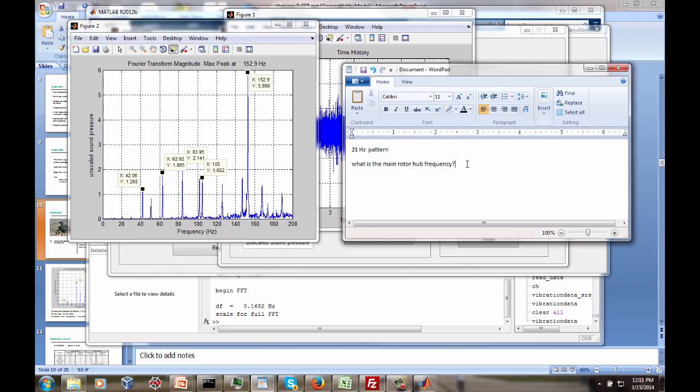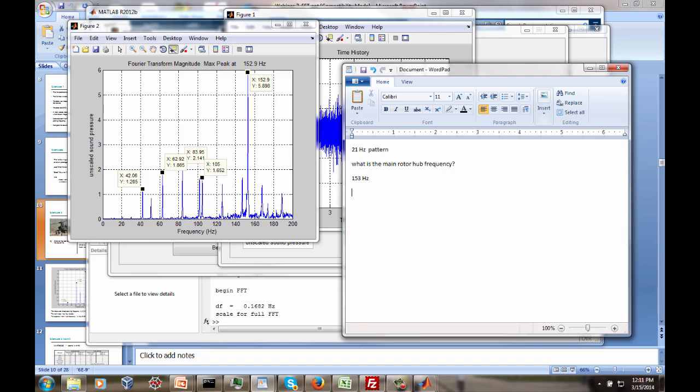So students often say 153 hertz must be the main rotor hub frequency because that's the highest peak. Does that make sense? Well, what is the tangential blade tip velocity? For an Apache helicopter, the blades sweep out a radius. You can see the blade length is equal to 24 feet.